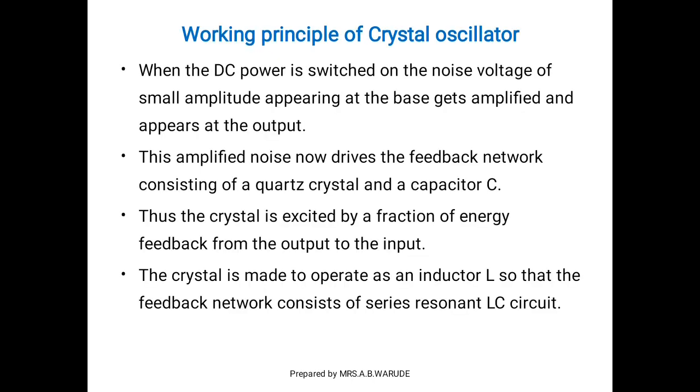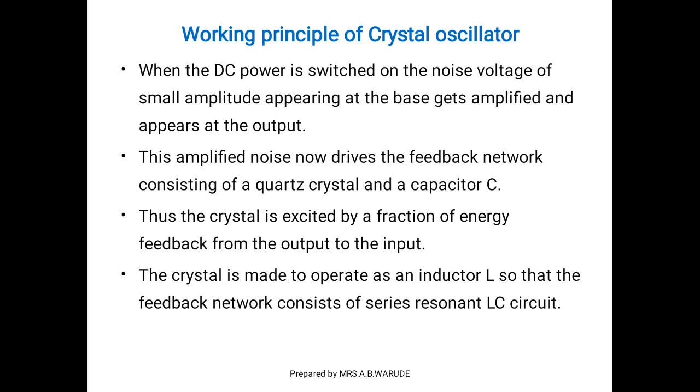Now we see how the crystal oscillator works, or on which principle it works. When we switch on the DC power supply, the noise voltage of small amplitude appearing at the base gets amplified and appears at the output.